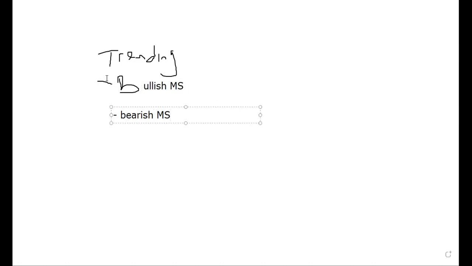Now there are some characteristics of a bullish market structure and some characteristics of a bearish market structure. In the bullish market structure we have higher highs and higher lows. In the bearish market structure we have lower lows and lower highs.